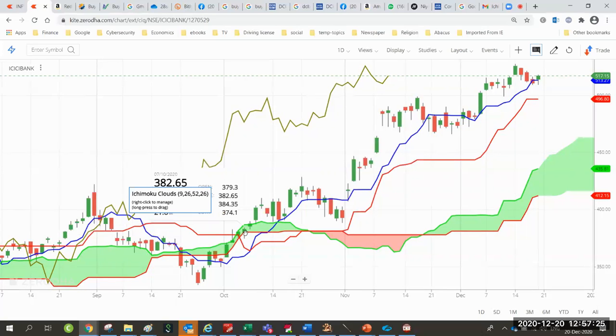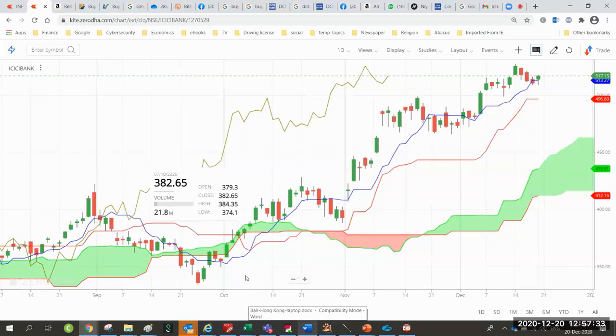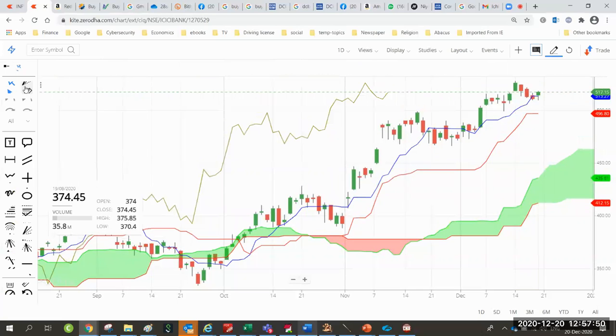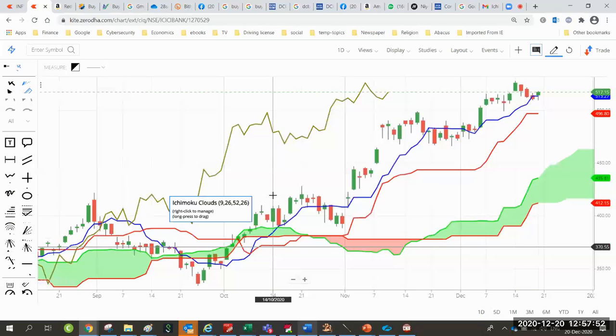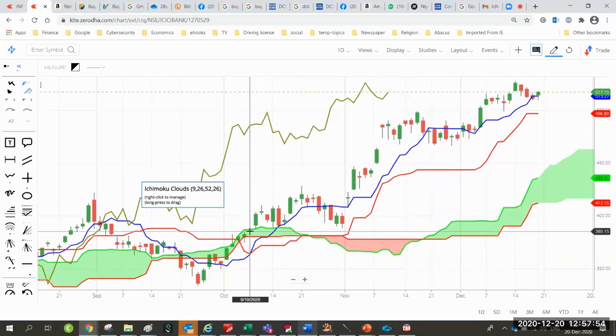On this particular date, what is happening? That means 7th of October or say 8th of October, the price has gone above the K line. So this is the day you can buy. Now we can draw a chart with the measure tool. The measure tool is fantastic.